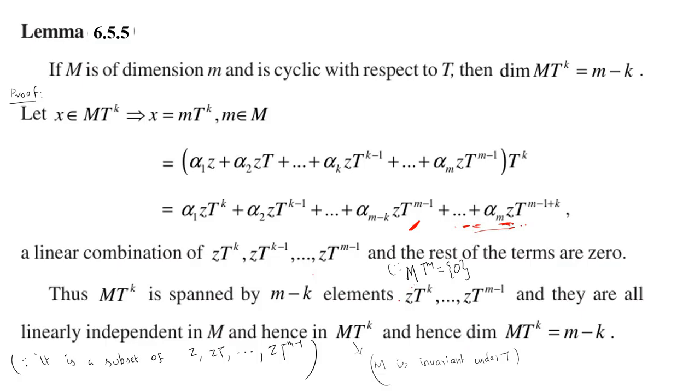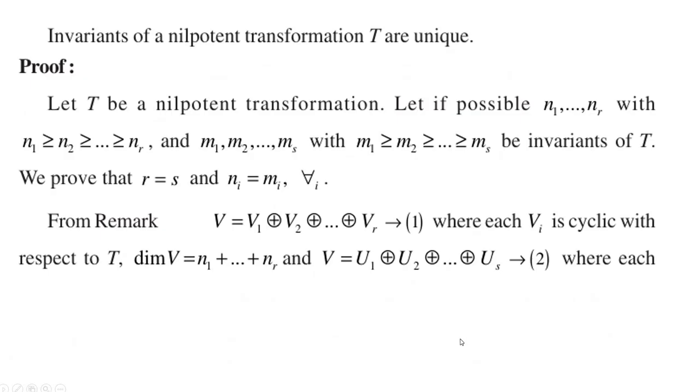And so they are m minus k in number, so the dimension of M T^k is m minus k. And why this step? They are linearly independent in M and hence in M T^k, because M is invariant under T. So next we have this proposition that invariants of a nilpotent transformation T are unique.